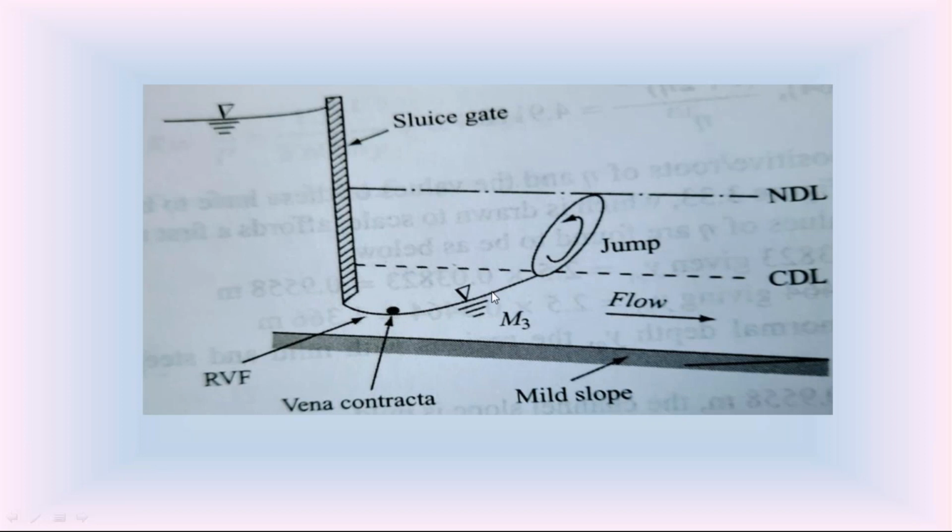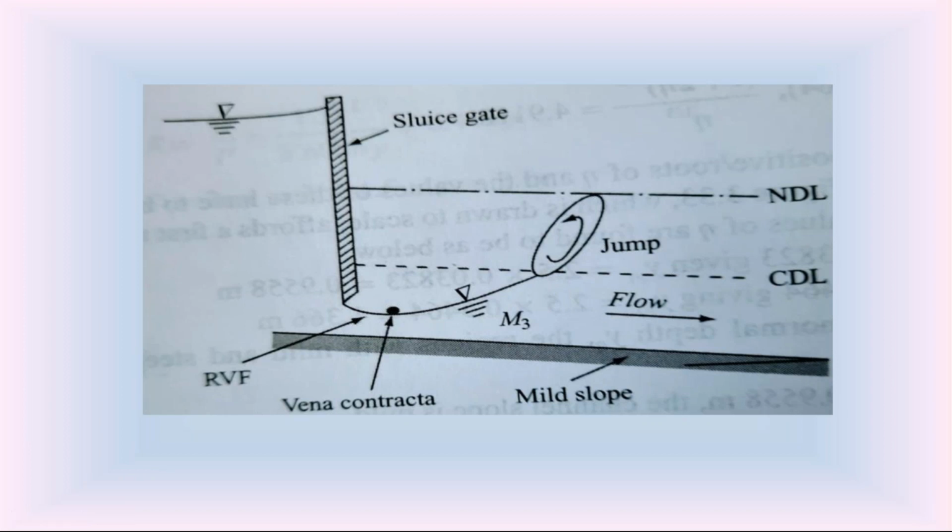Whereas on the downstream side, check this. This is the upstream side. This is the downstream side. On the downstream side of this M3 water surface profile, the depth of flow y is equal to yc. We know that when the depth of flow y is equal to yc, the slope dy by dx is infinity.